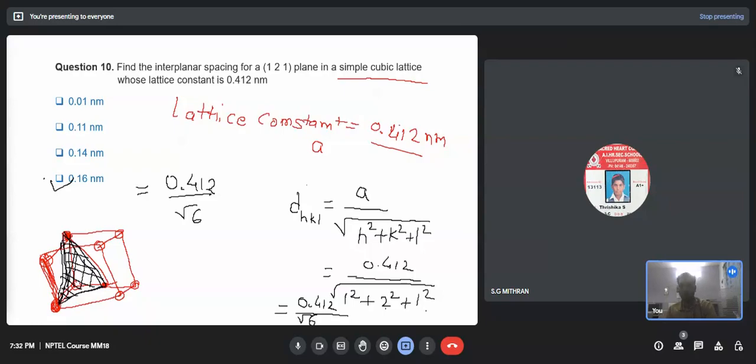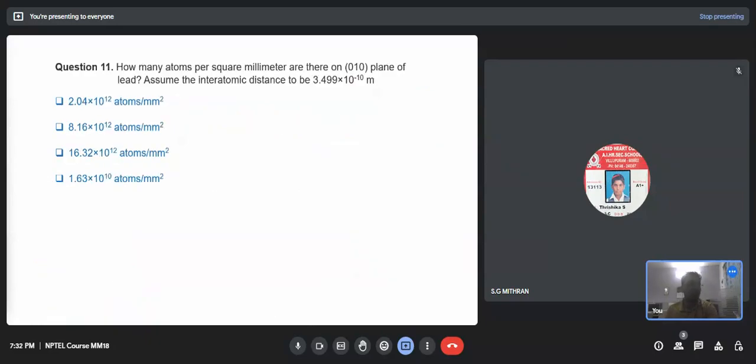So now the next question. How many atoms per square millimeter are there on the 010 plane of lead? Assume the interatomic distance to be 3.499 into 10 to the power minus 10 meter. Okay.